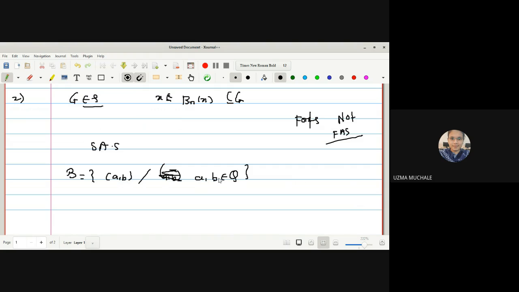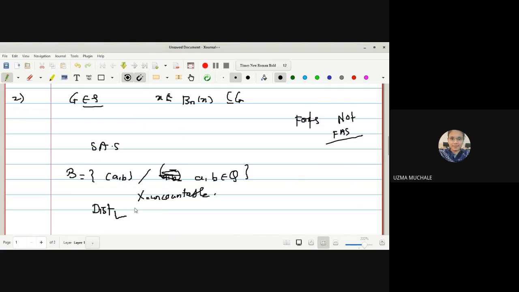And one more remark, we have seen that if X is an uncountable set, then the discrete topological space is not a SAS. But we have seen this is a FAS.